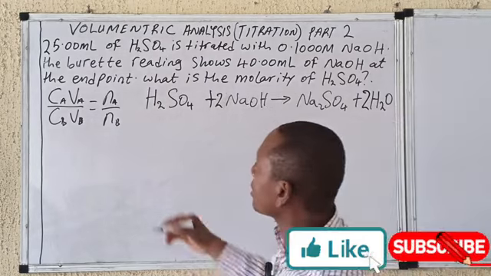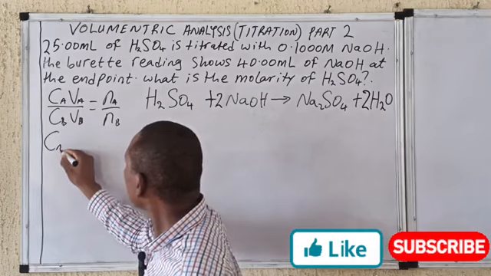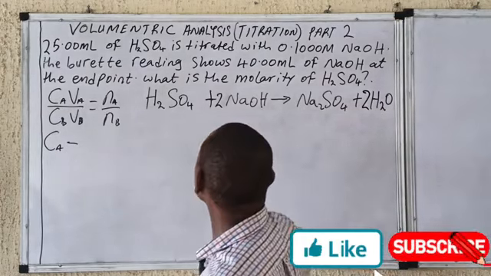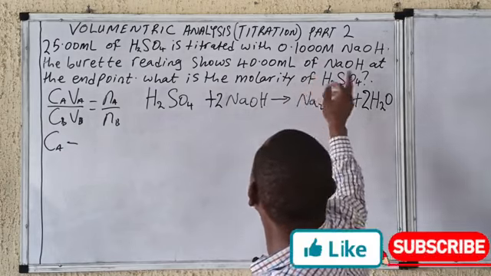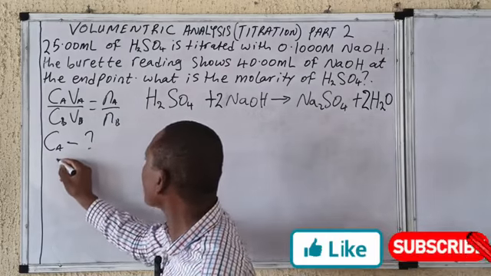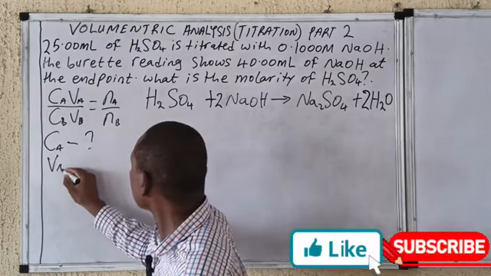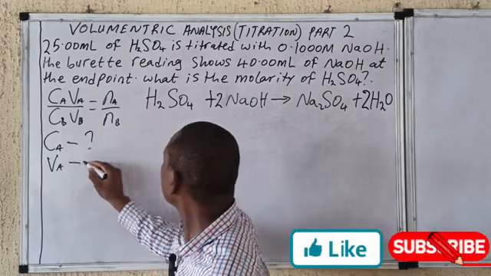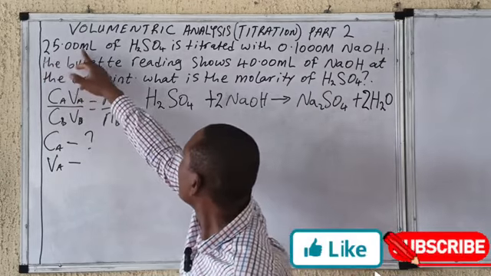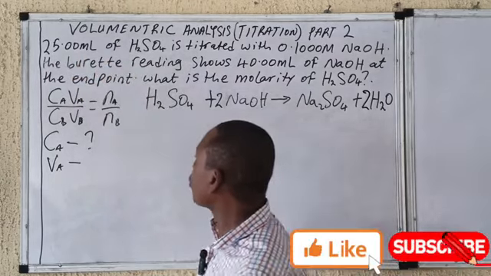So let's now write out Ca, which is the concentration of the acid. What did they ask us to look for? The concentration of the acid. So we don't know that. Then Va is the volume of the acid.